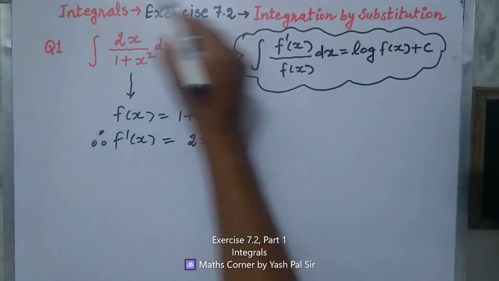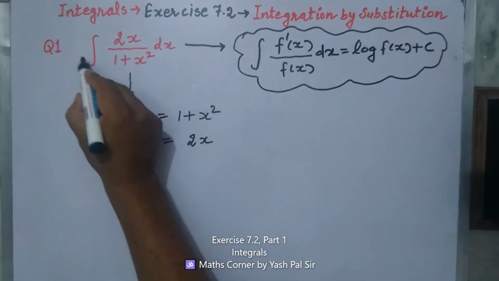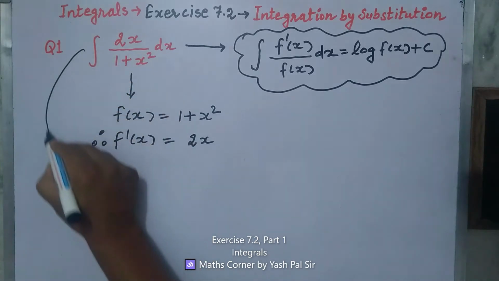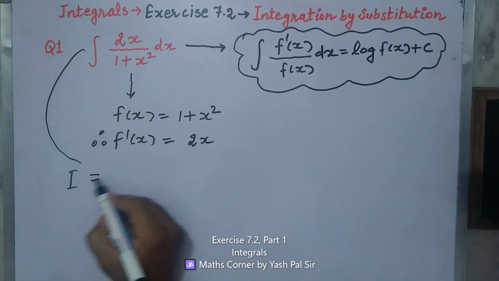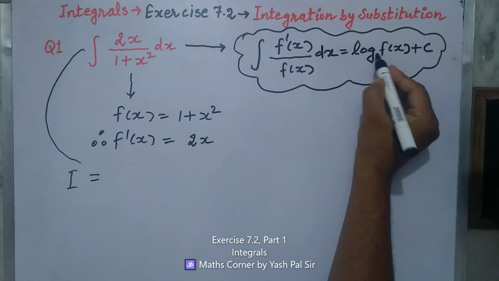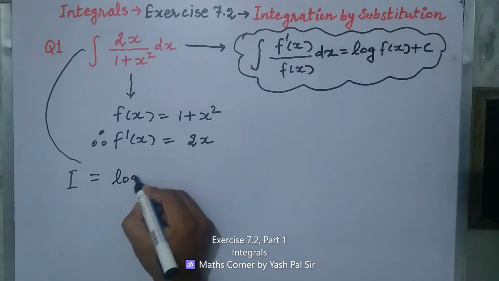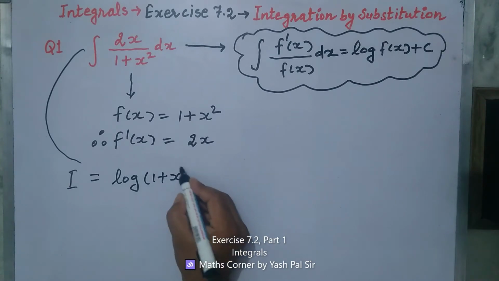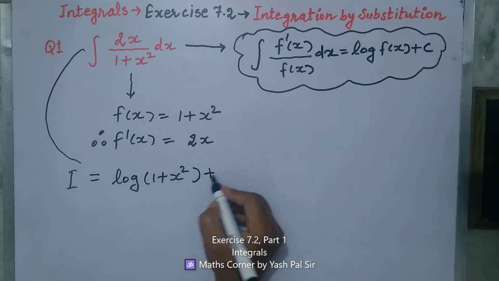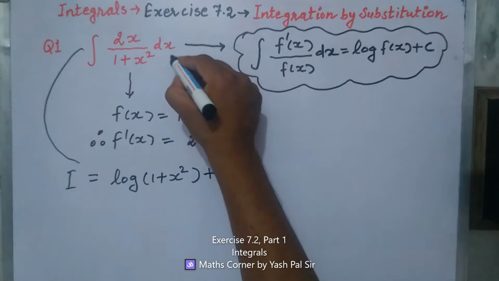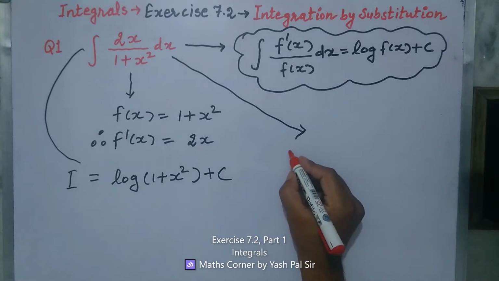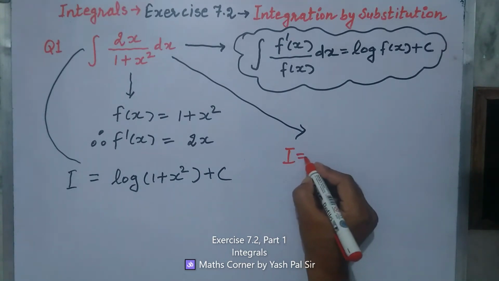So this question becomes like this. So finally, what is the answer? The answer will be I is equal to, according to this, log of f of x, which is log of 1 plus x square plus c.